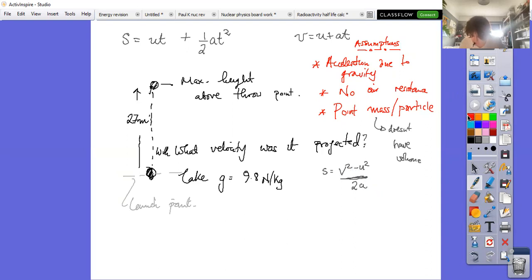I like what you're doing in that you're rearranging it. So what do you want to make the subject of your formula? The initial velocity. Okay, remember, this can also be rewritten if I multiply by 2a on both sides, that 2a and that 2a cancel out.